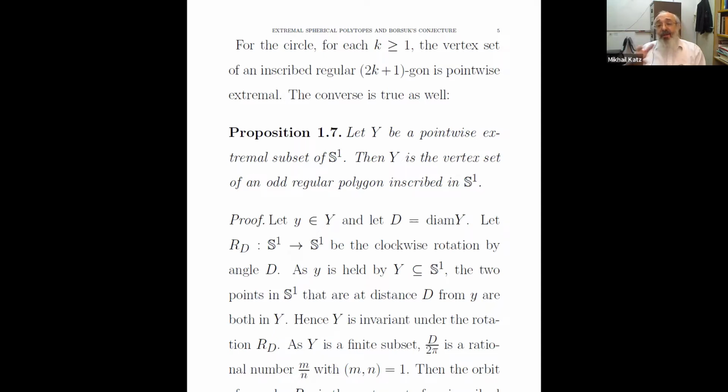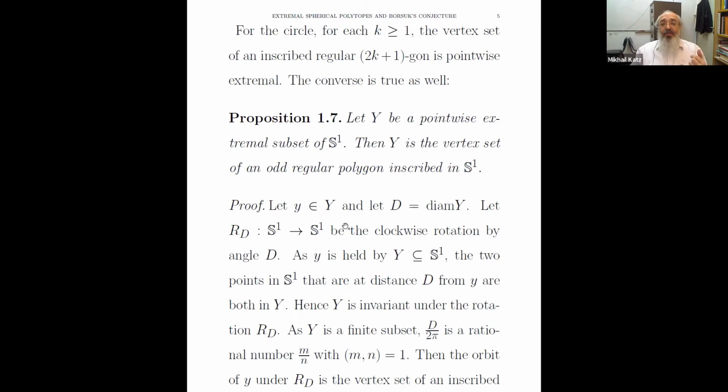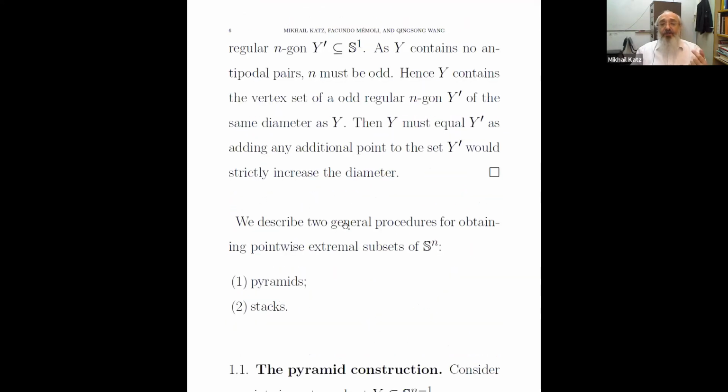And once it's invariant, then we know that d over 2 pi has to be rational. And then it shows that the set contains the set of vertices of a regular polygon. And once it contains it, you couldn't add anything else to it because that would increase its diameter. Okay, so that's what we have.